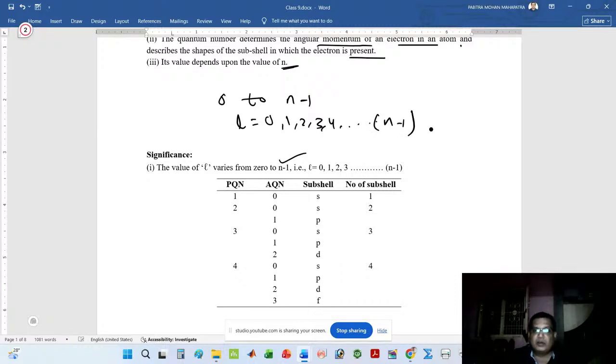Suppose n is equal to 1. Then here I can write 1 minus 1, that is 0. That means the value of l is equal to 0.